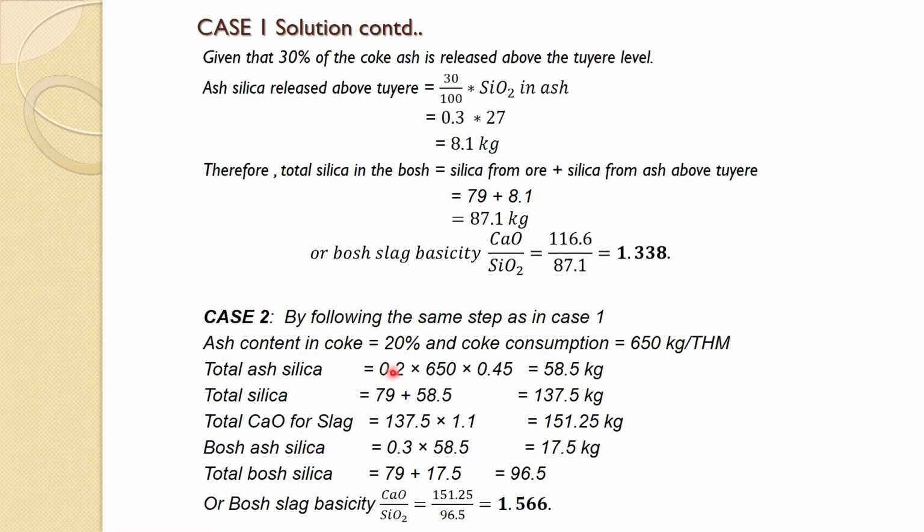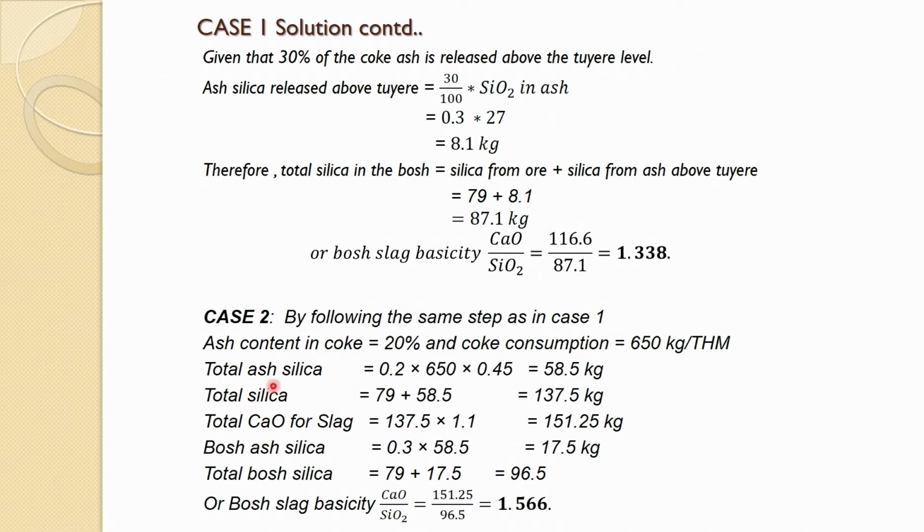So, 20% S in the coke, and 650 is the rate. This will give total S, and in total S 45% is silica content. So, that is going to give you total silica present in the coke, 58.5.